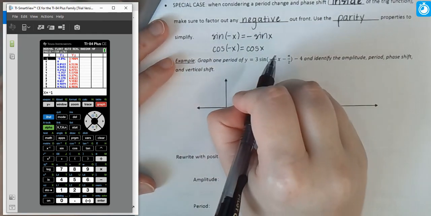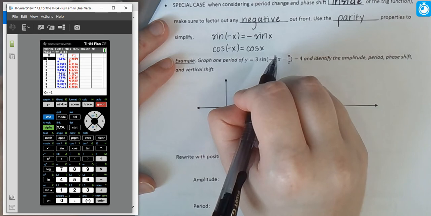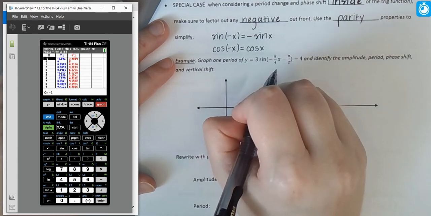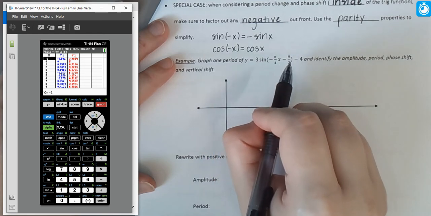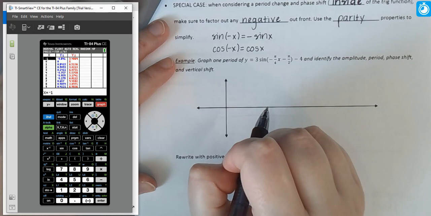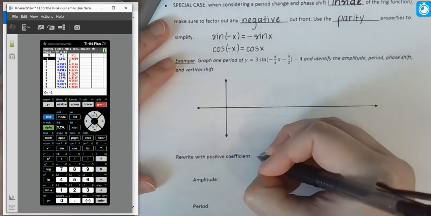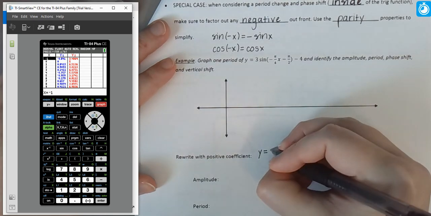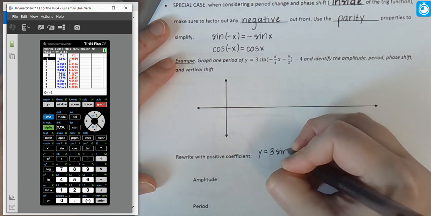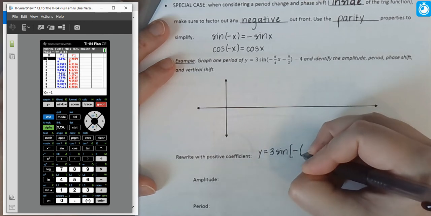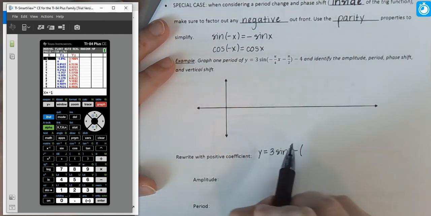So I want to take this binomial inside of my sine, and I want to factor out the negative out front. In other words, divide it out from the first term and then also divide it out from that second term, but leave it so that it's still inside of my sine function. So if I factor it out that far, I'm going to have 3 times the sine of negative what's left over.